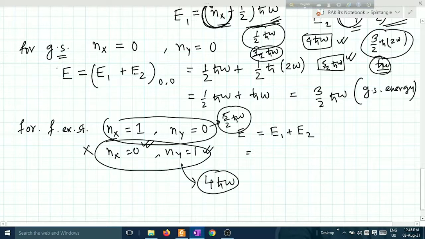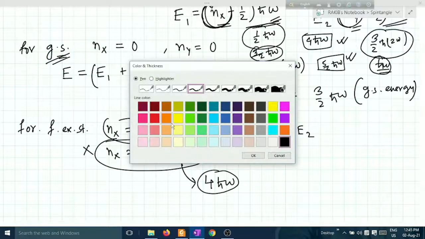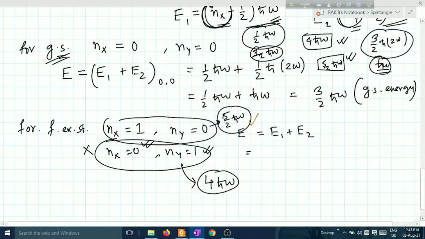What will be the next state from the ground state? Obviously 5/2 ħω, because this is closer to the ground state energy. This means we have to take this term as the first excited, and if you calculate the second excited state energy, then you can choose this.